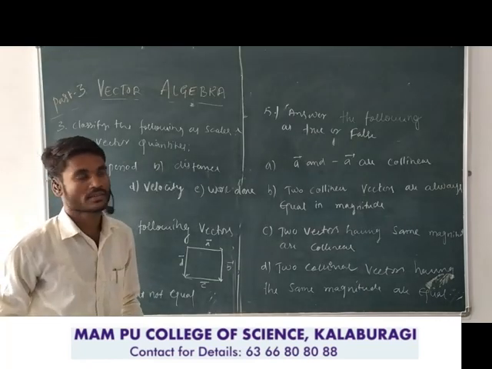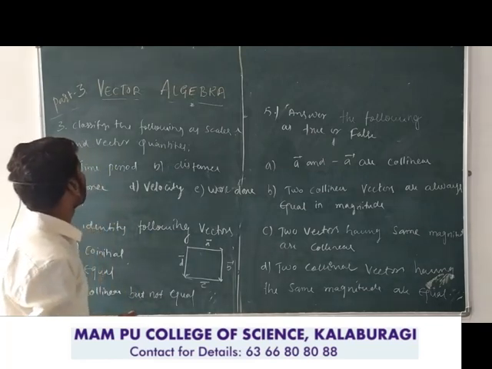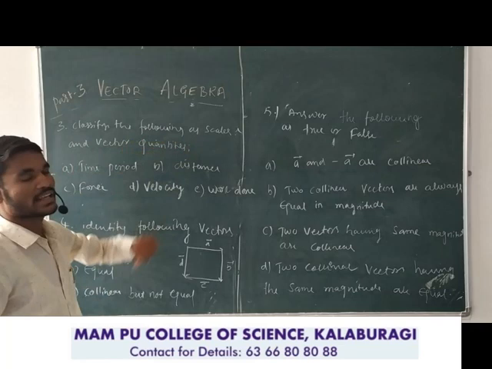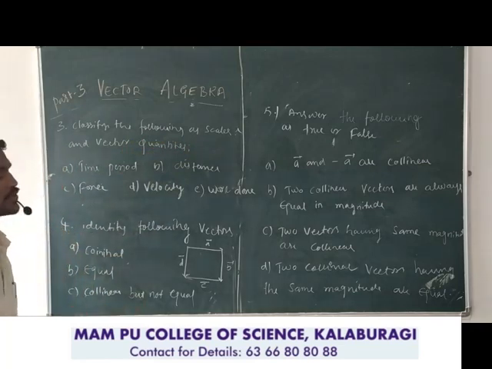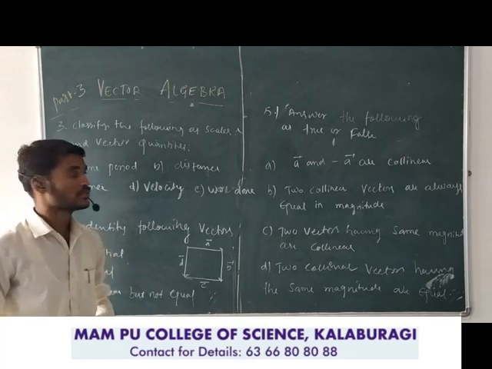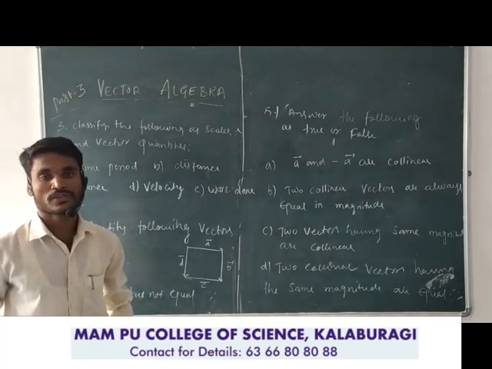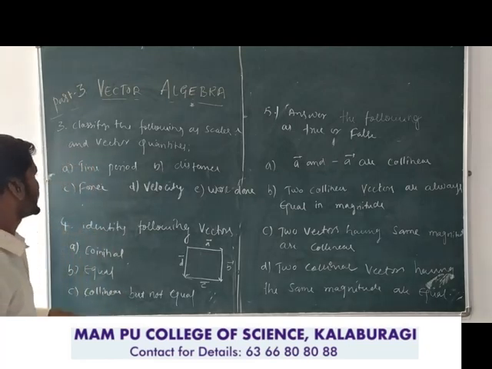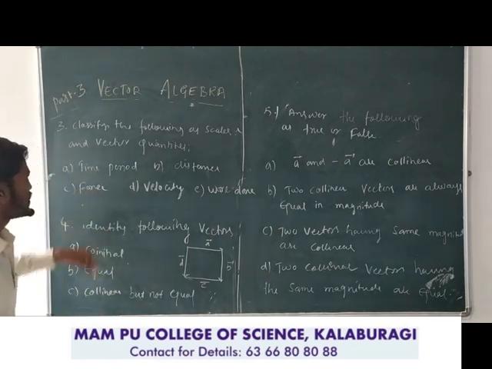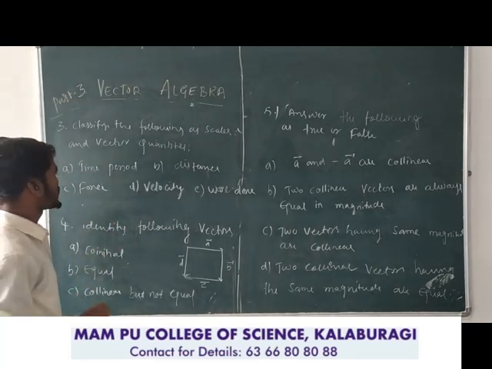So dear students, in your third problem, classify the following as scalar and vector quantities. In the introduction part I already gave some examples. Time period is a scalar quantity, because time is an example of scalar.